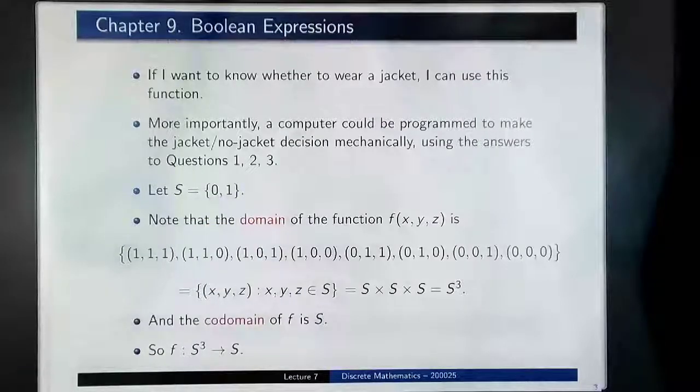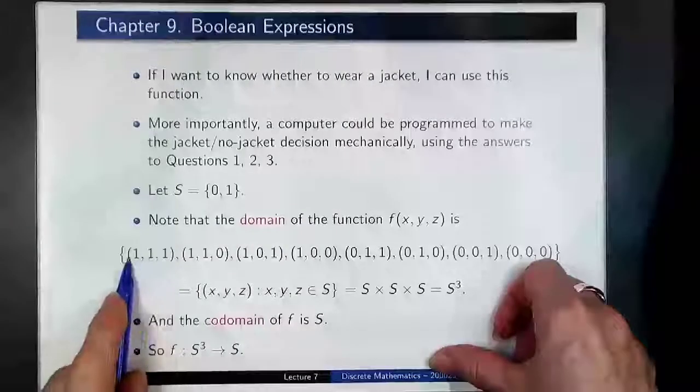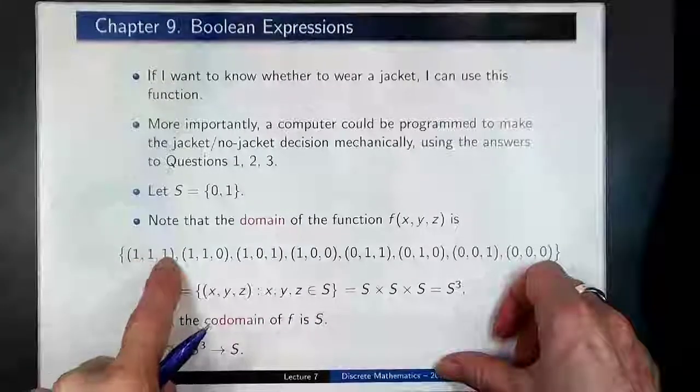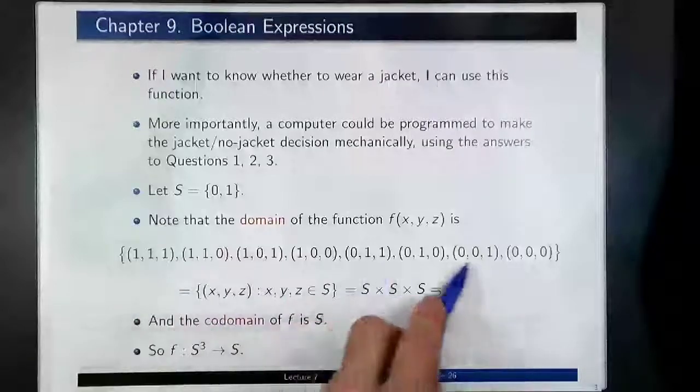So let S be that set. And for our function, we had 3 inputs, or at least you can think of it as 3 inputs, the answers to the 3 questions. But each set of answers forms a triple of symbols. Yes, yes, yes, yes, yes, no. They're the 8 possibilities. Look, there's all 8 there.